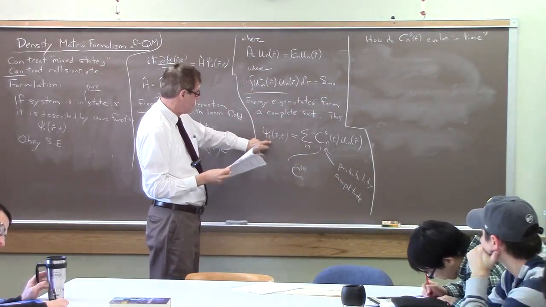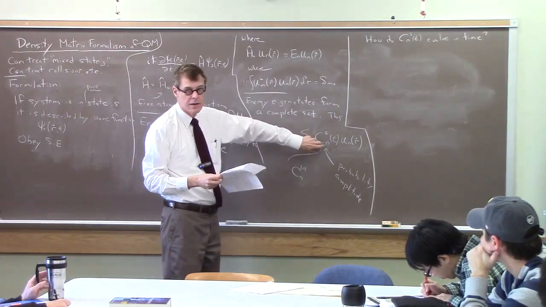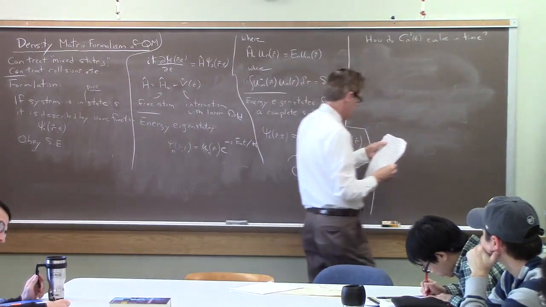Okay, so let's argue that this has to obey Schrodinger's equation, and then let's see what that has to say about these coefficients c_n.